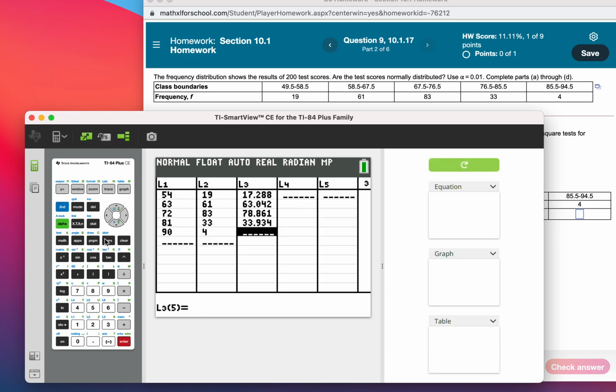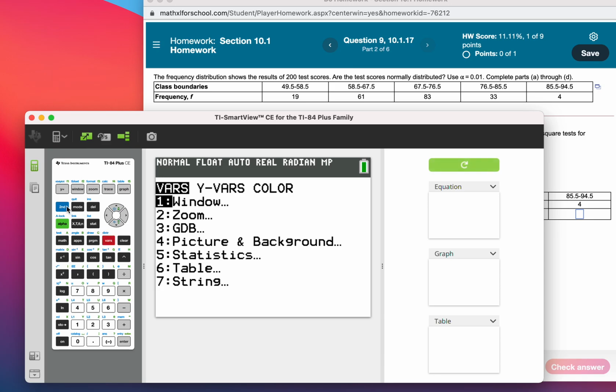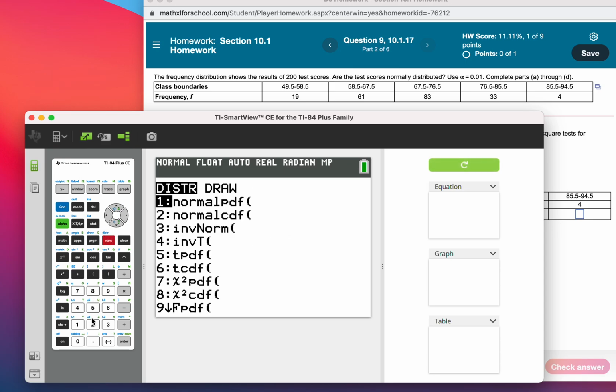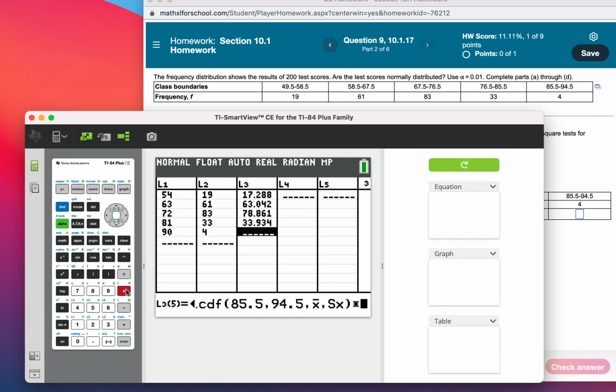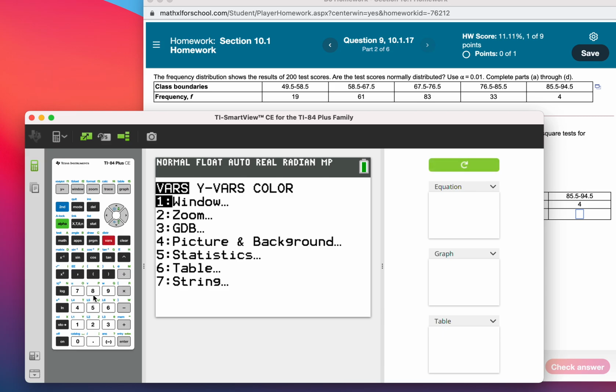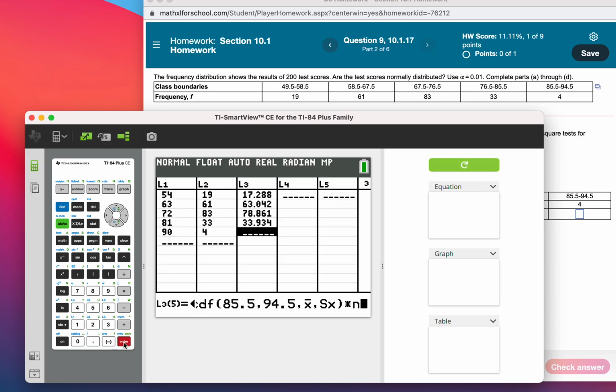There we go. Whoops, did it again. Vars number 2. Okay, this time 85.5 to 94.5. Hit paste. Times n. And there we go. Quit out of that.